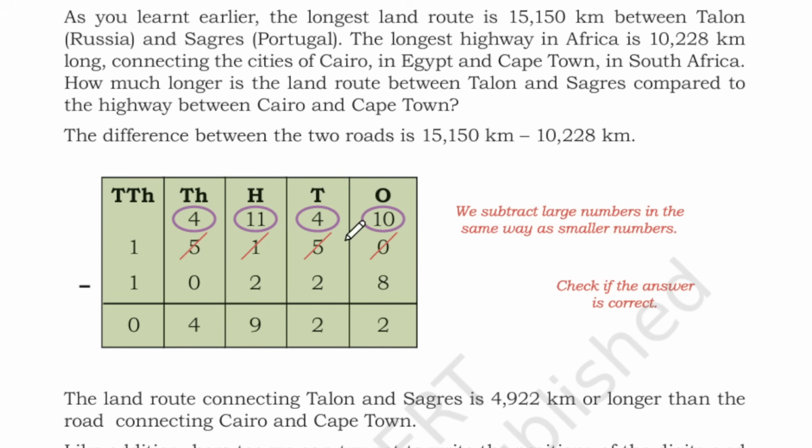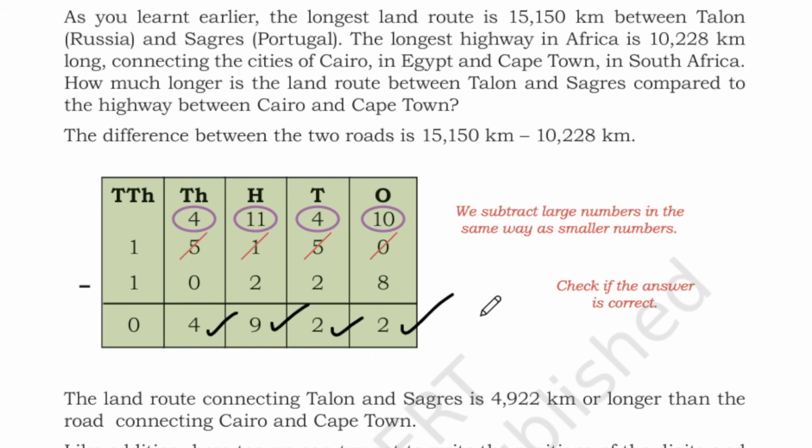Okay. So here what they have done, 0 cannot be subtracted by 8. So they borrowed from here. This became 4. 10. 10 minus 8 is 2. And 4 minus 2 is 2. And here we have only 1. So they borrowed from here. 5 becomes 4. 1 becomes 11. So 11 minus 2 is 9. 4 minus 0 is 4. 1 minus 1 is 0.